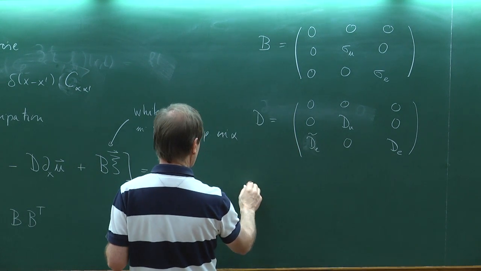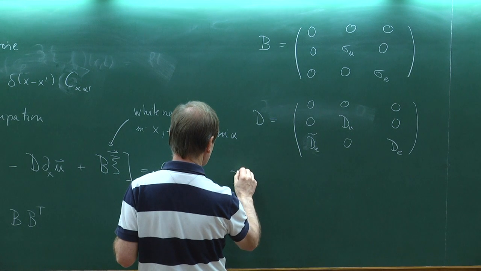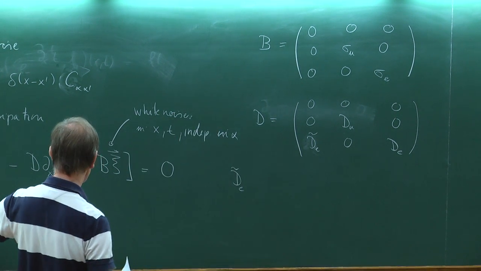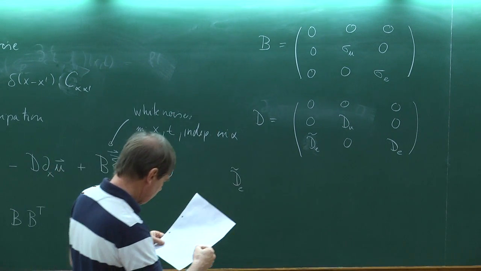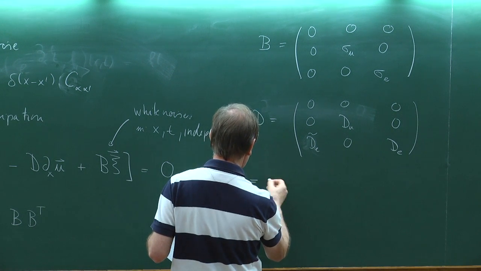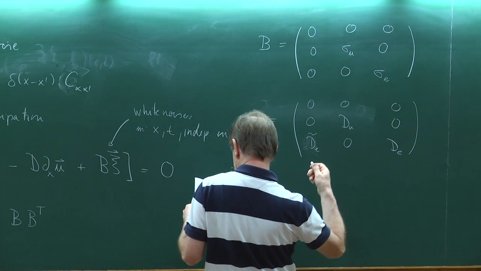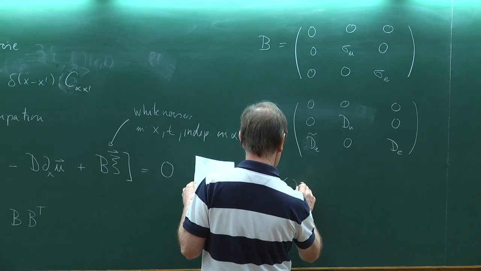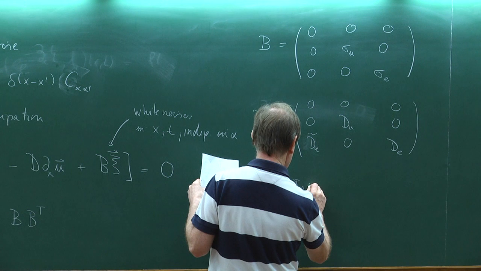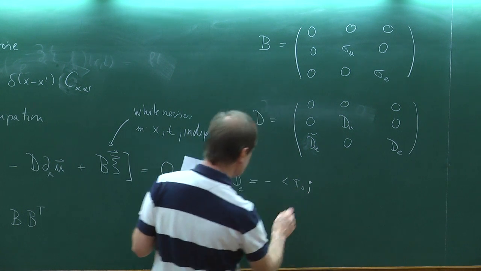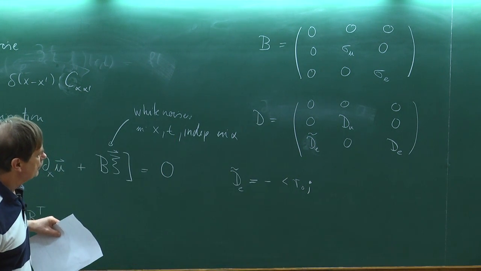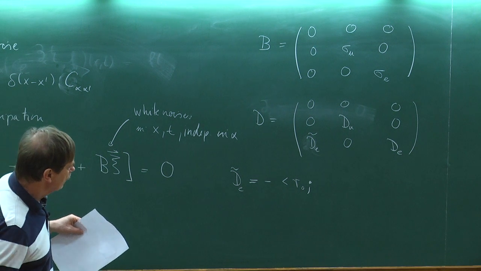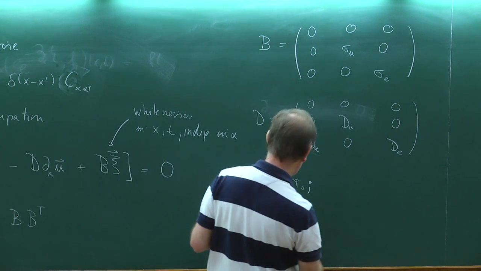And of course, since we have an underlying model, I can actually compute what the D_E twiddle is. That just comes out of this equation here. Just to give you an idea that these coefficients are really computable. This semicolon means that I'm always looking at the truncated correlation, so that's the second cumulant.